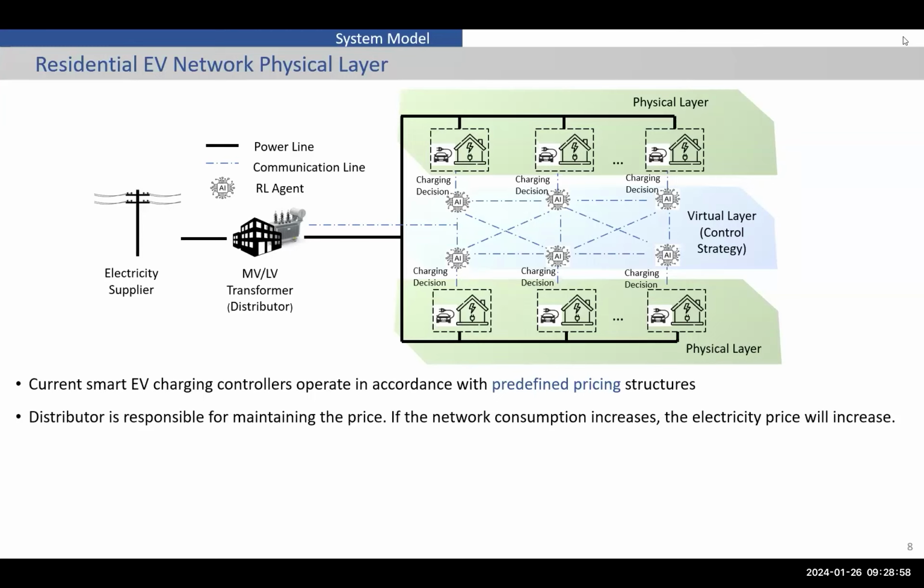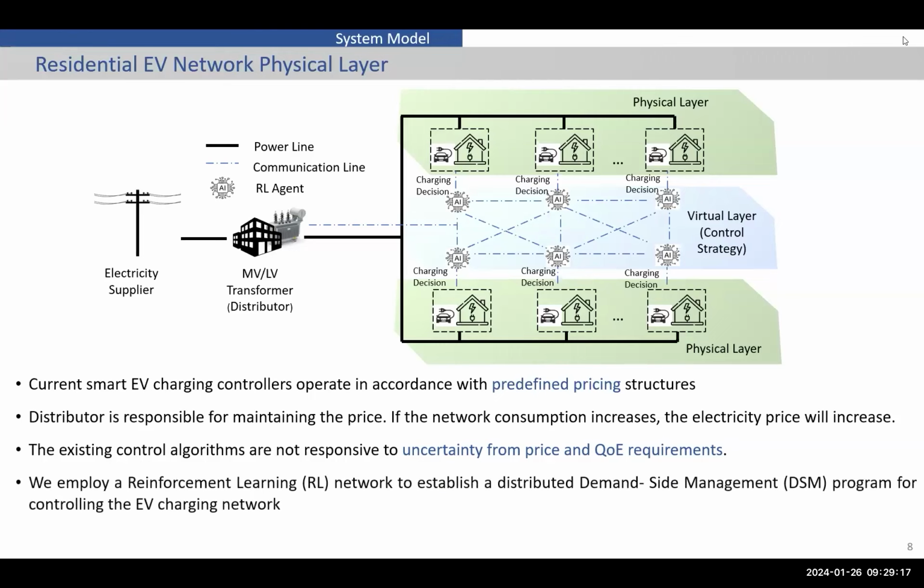But what happens if the prices can change? Meaning, if the price is dynamic, what should we do? And so the existing control algorithms are not responsive to the uncertainty from the prices, as I said. And so we are looking at implementing a reinforcement learning network for this system, to have a control system for this EV charging point.